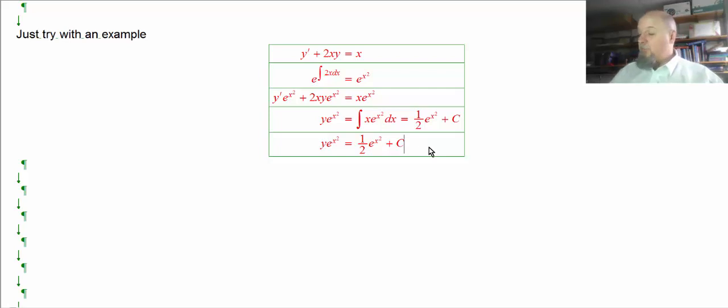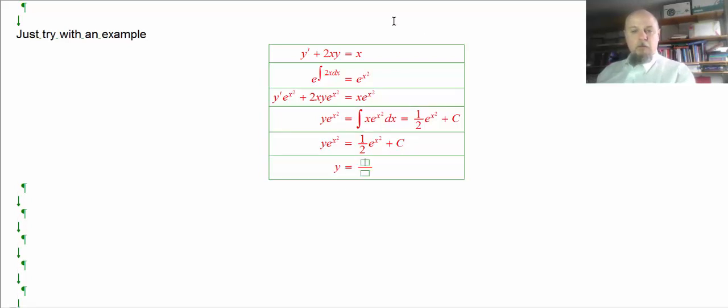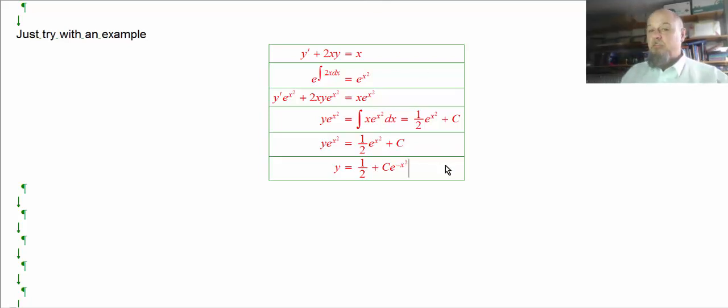If I want my explicit solution, solving for y, I'll take this expression and either divide everything out by e to the x squared, or probably better to multiply everything here by e to the minus x squared. So I cancel out the e to the x squared. And there's my explicit solution.